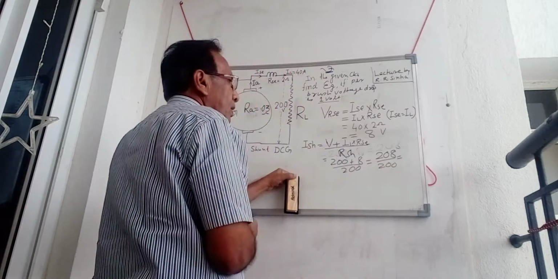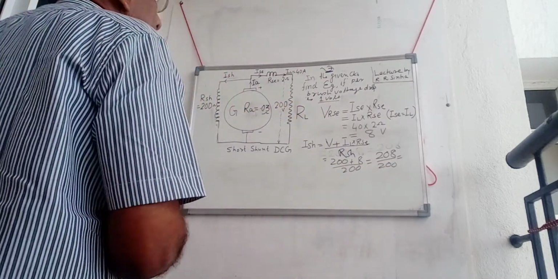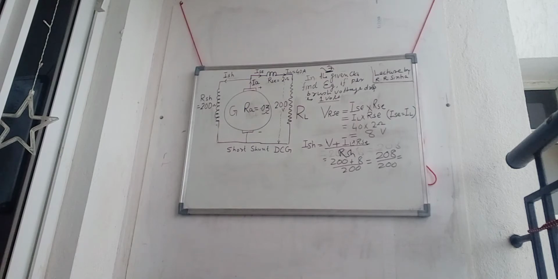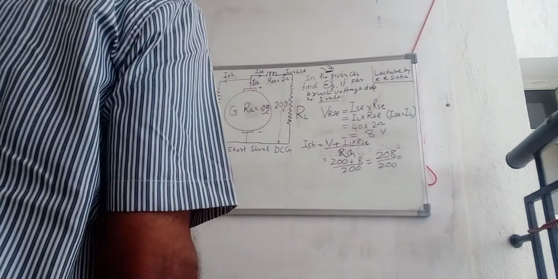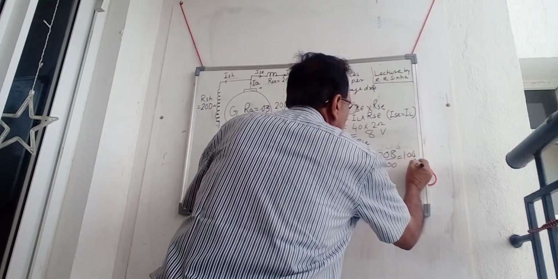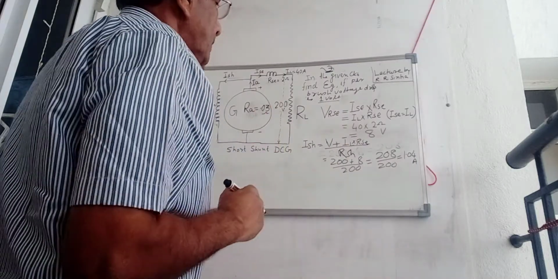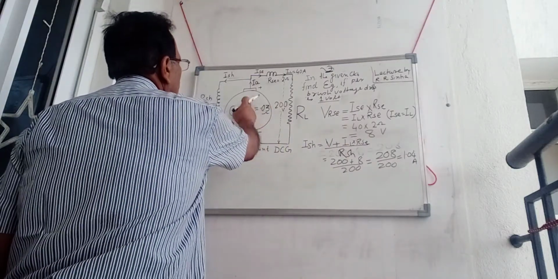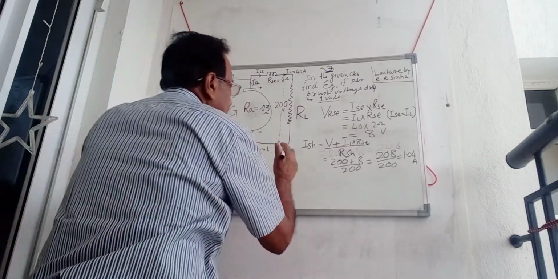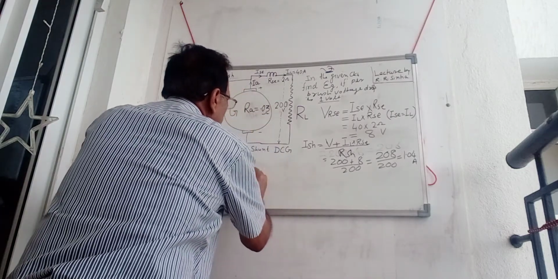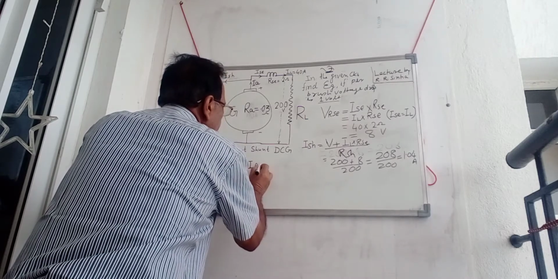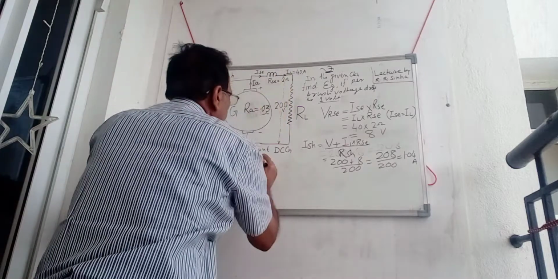This is equal to 1.04 ampere. Now after ISH, we have to find IA, the armature current. IA is equal to ISH plus IL.